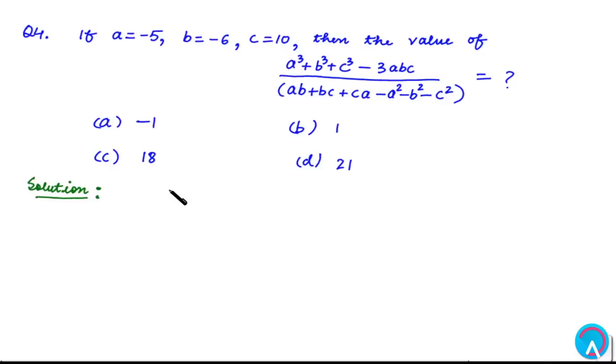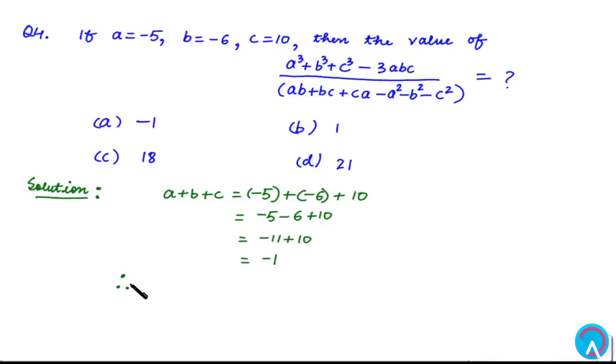Here, a plus b plus c will be equal to minus 5 plus minus 6 plus 10 is equal to minus 5 minus 6 plus 10 is equal to minus 11 plus 10 is equal to minus 1.